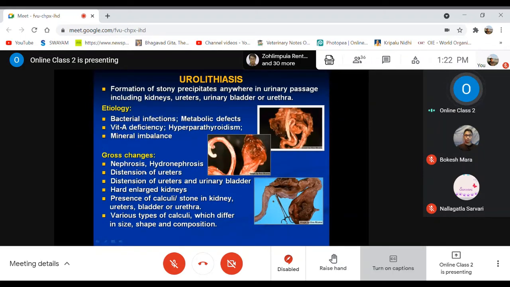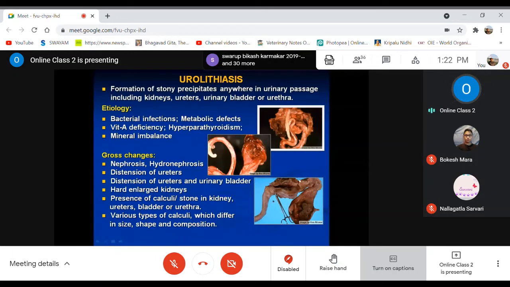There may be hydronephrosis, and the ureters may be distended when somewhere in the distal part of the ureter there is a renal calculus, a stony hard substance blocking the ureter.